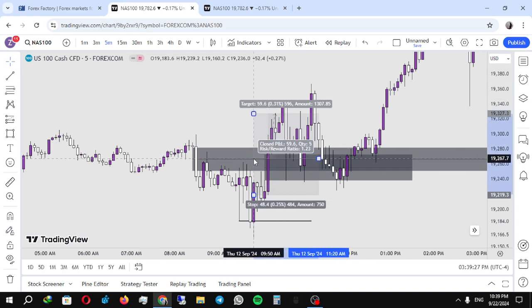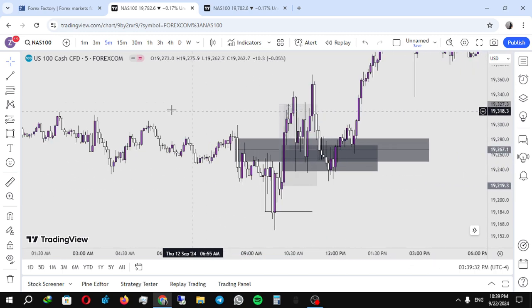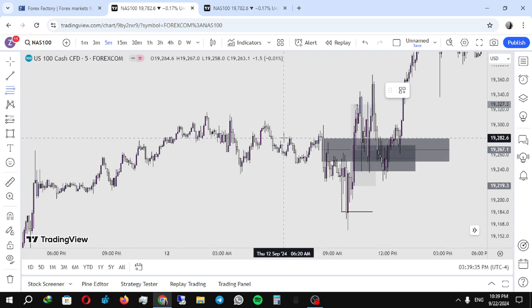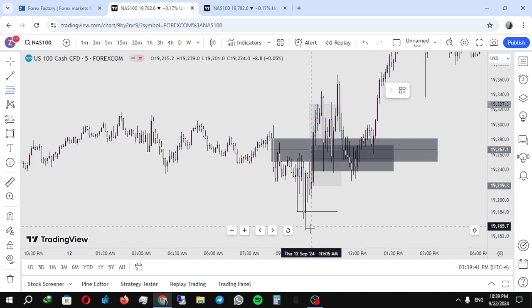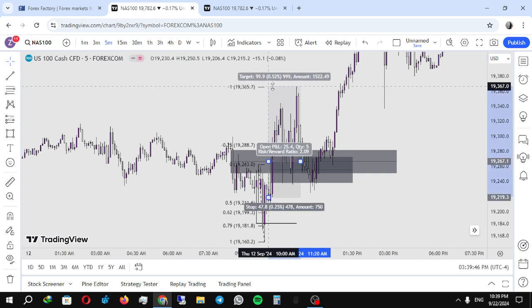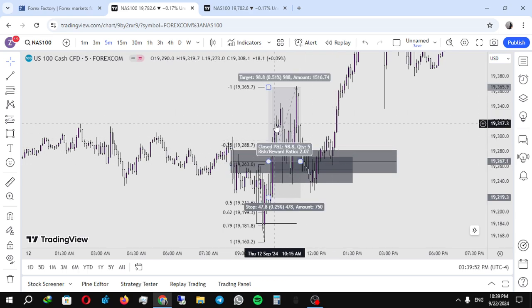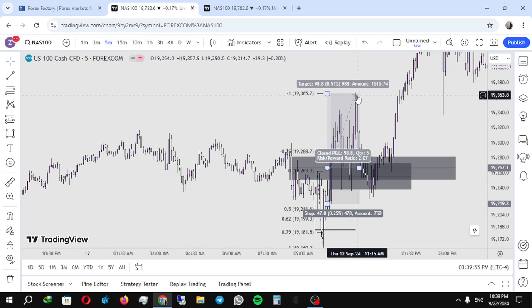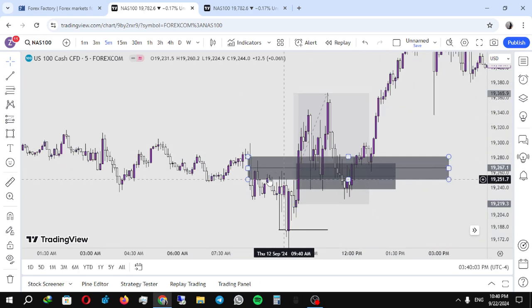Then make a quick standard deviation right here, targeting at least minus 1. You would have 1 to 2. Aren't you satisfied with a 2R? Come on. So you would limit right here or right here.